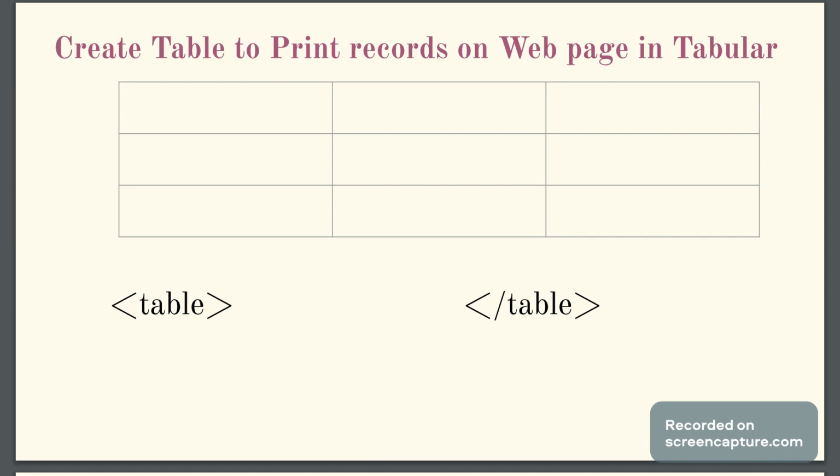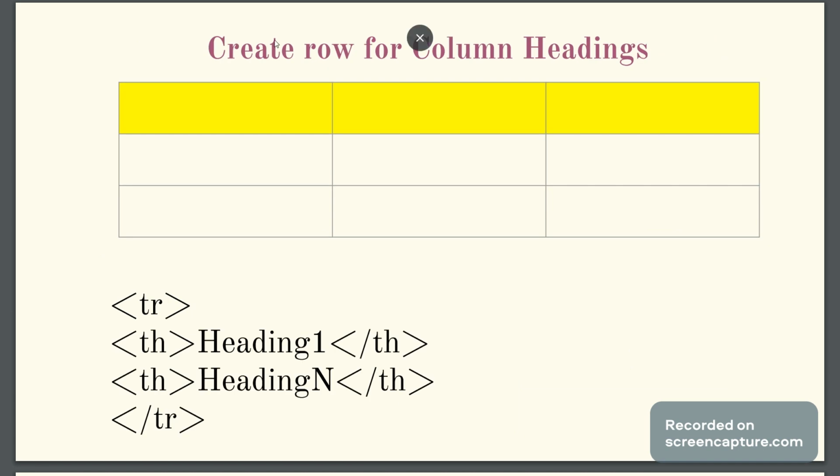For creating a table in HTML, we have to use the table and end of table tag, as a table is a collection of a number of rows and columns. So for forming the first row, we have to create an empty row with the start of the tr, that is the table row tag, which ends with the slash tr, that is the table row end tag.